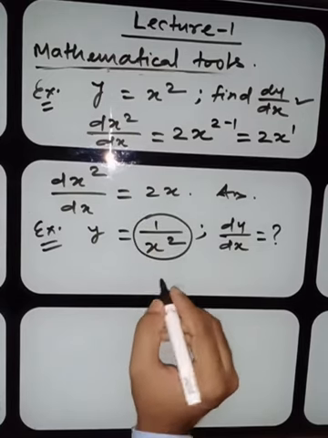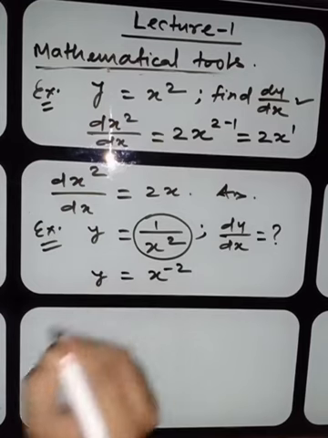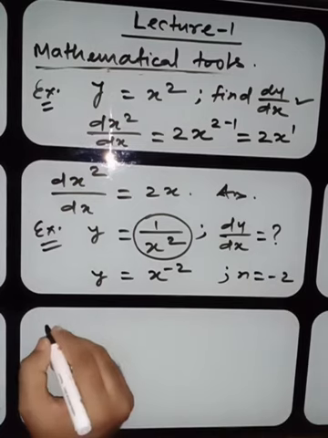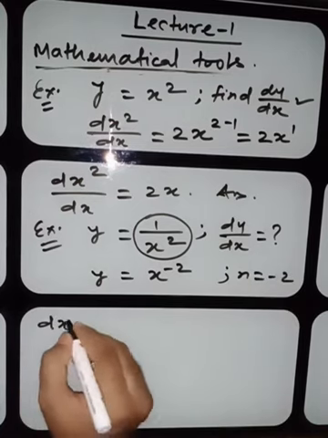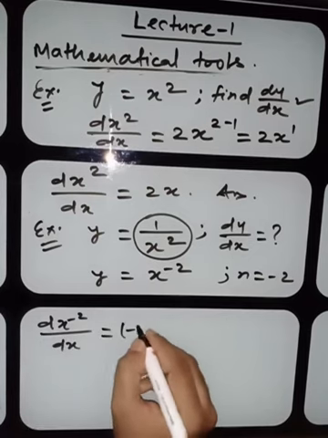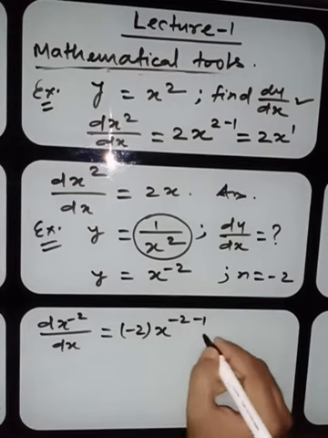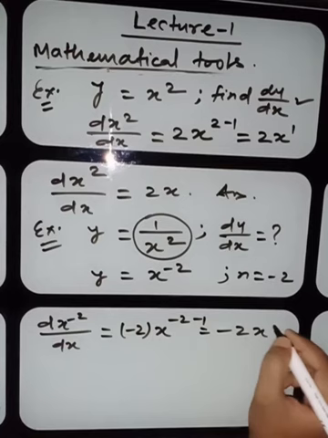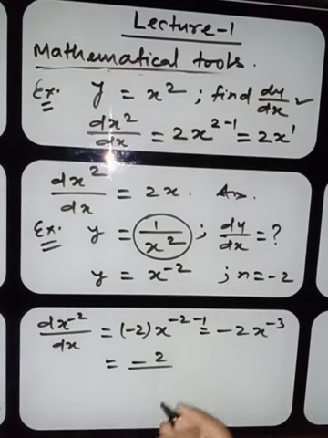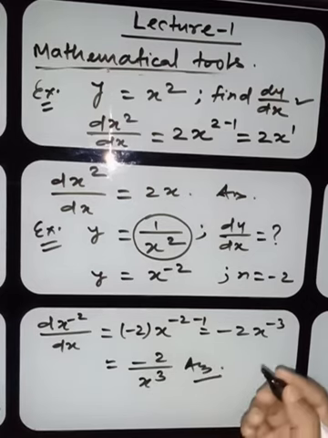So 1 by x square can be written as x to the power minus 2. Now we have the value of n. How much? It is minus 2. Very simple now. So d of x to the power minus 2 by dx is n, minus 2, times x to the power n minus 1, so minus 2 x to the power minus 3. So the answer is minus 2 by x to the power 3. Very simple.